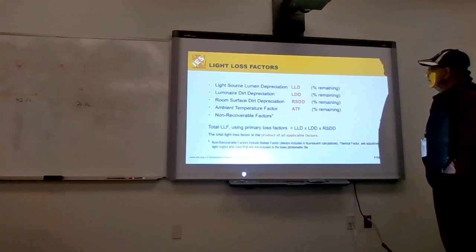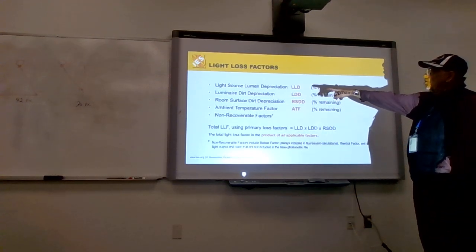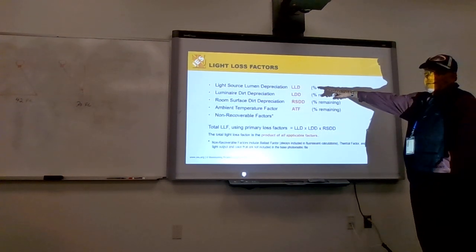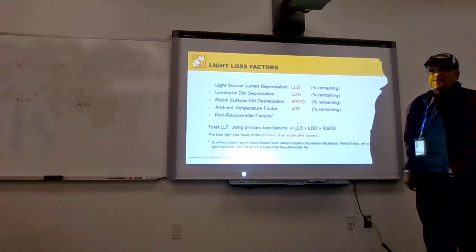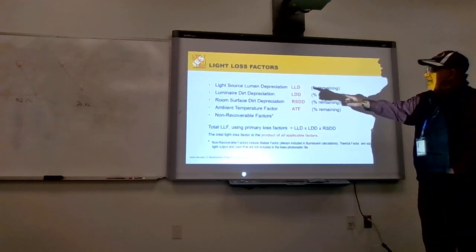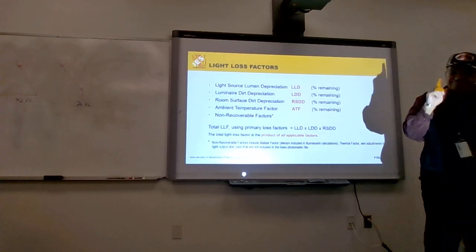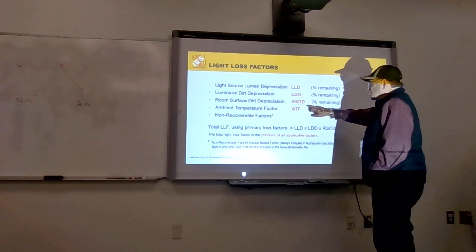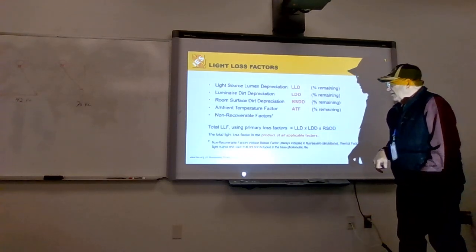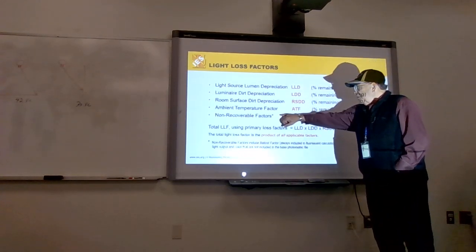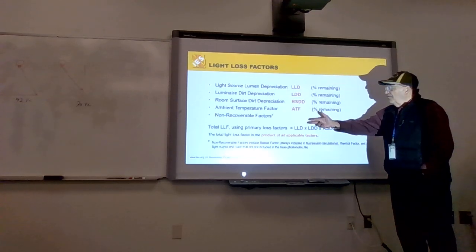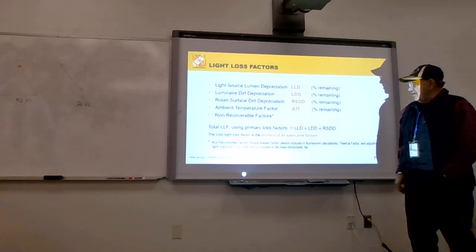So, light source lumen depreciation, which is signified by the LLD designation. Luminaire dirt depreciation. Room surface dirt depreciation, RSDD, and ambient temperature factor. So those are all of the light loss factors that must be considered.